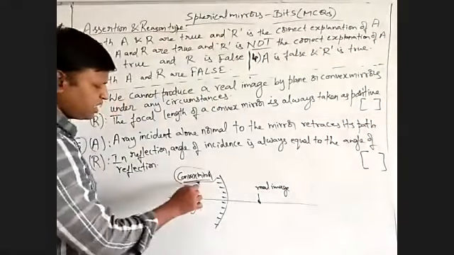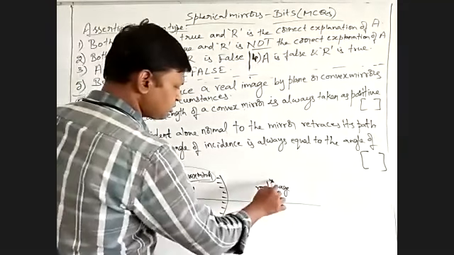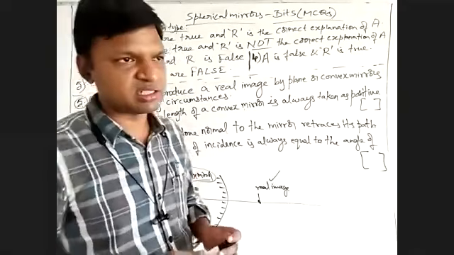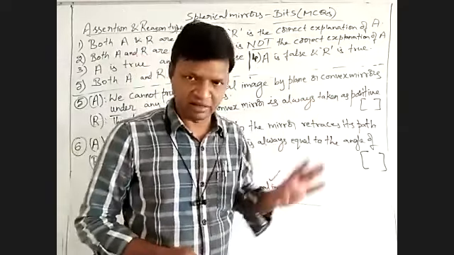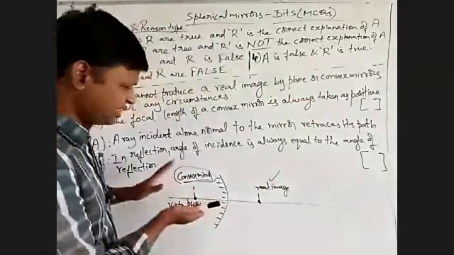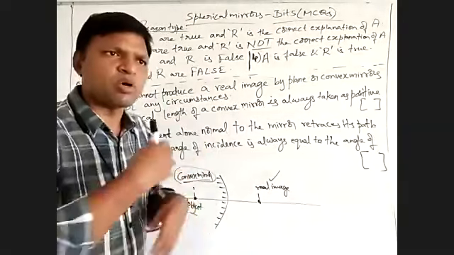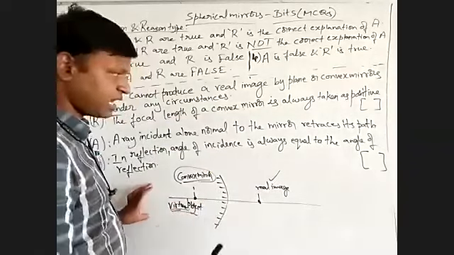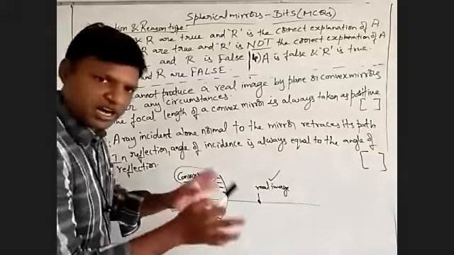See, for a convex mirror, if the object is real, the image is virtual. For a virtual object, it will form a real image. This is the condition you have to remember. This concept is not present in your 9th class syllabus, but it is in the higher classes, intermediate and IIT level. That's why while discussing the bits, you may get some more points than your general textbook. So this is one of the facts you have to learn.